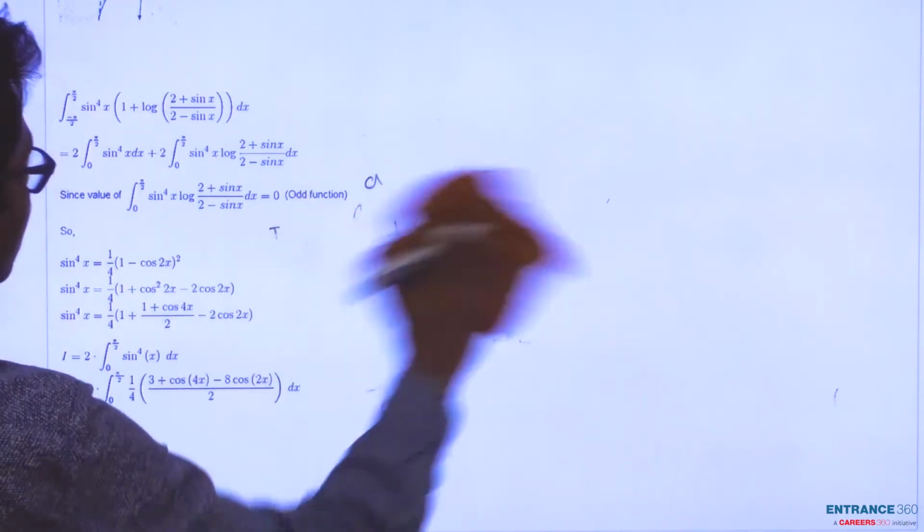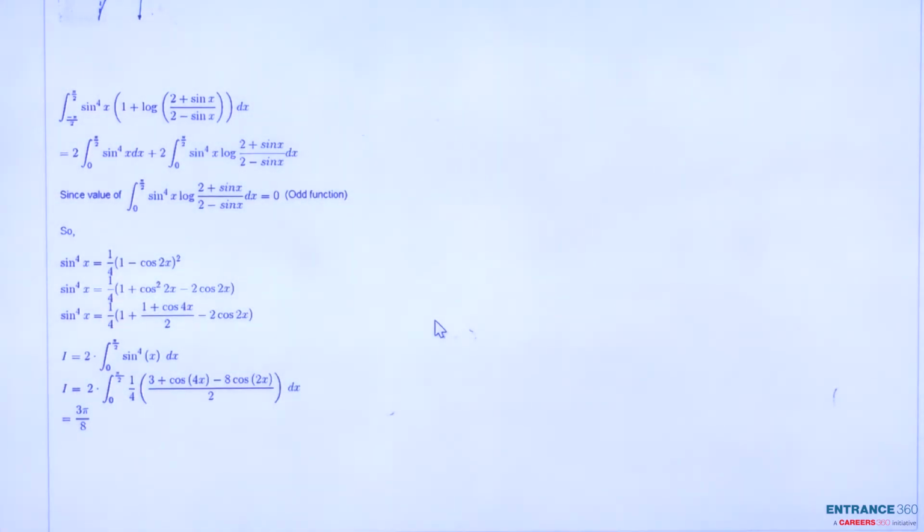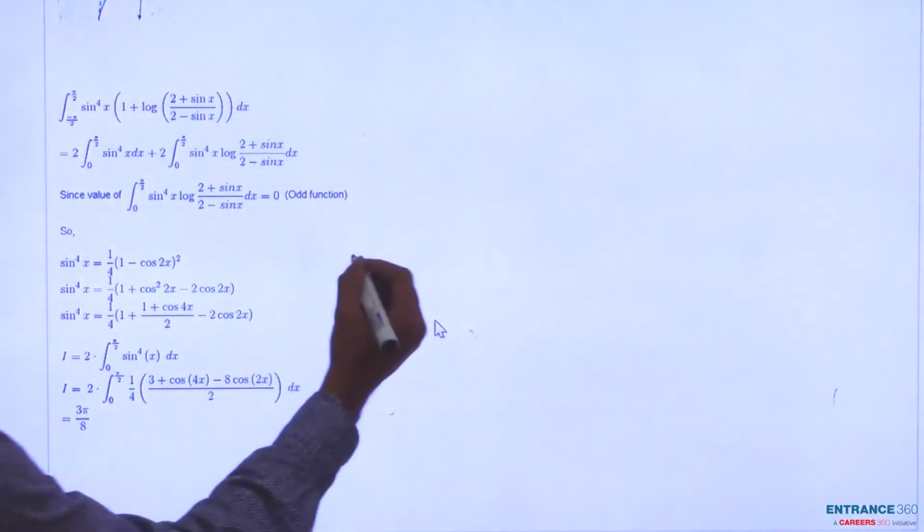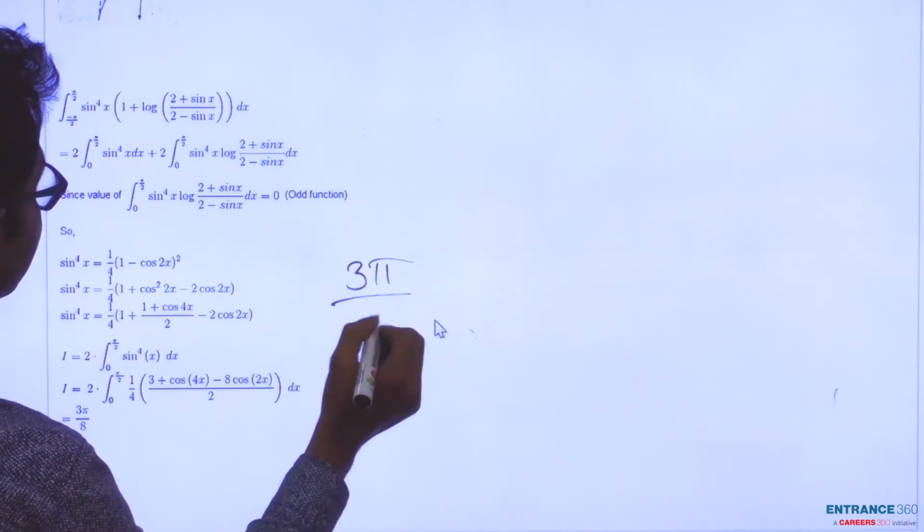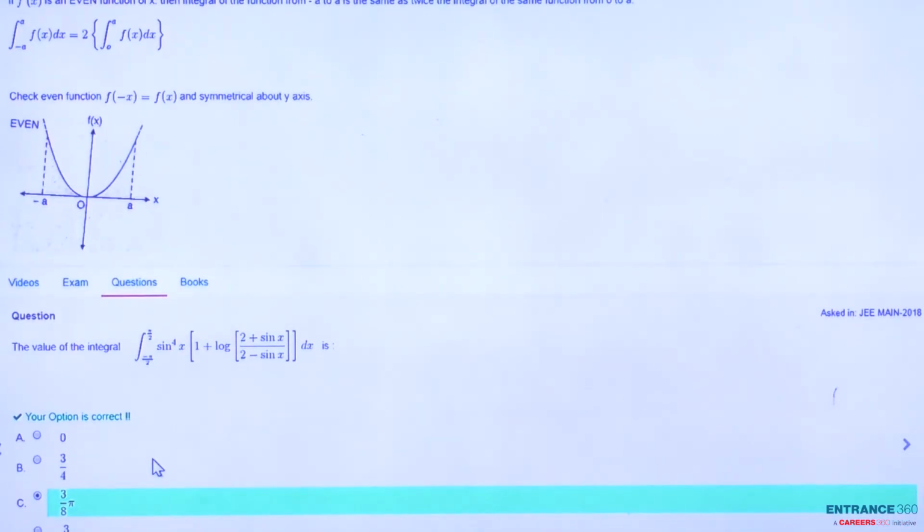So I is equal to 2 into the integral from 0 to pi by 2 of sin^4 x dx, and sin^4 x is converted to (3 plus cos 4x minus 8 cos 2x) divided by 2 into 1 by 4. So this is simple integration, and after calculating this we get our final answer as 3 pi by 8. So option C is the correct one, 3 pi by 8.